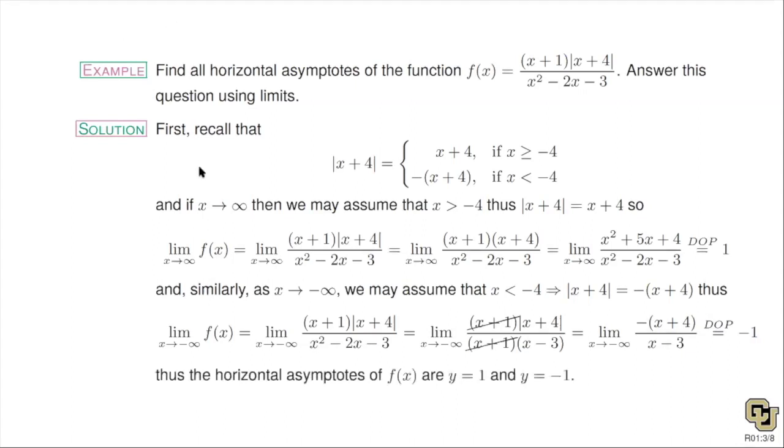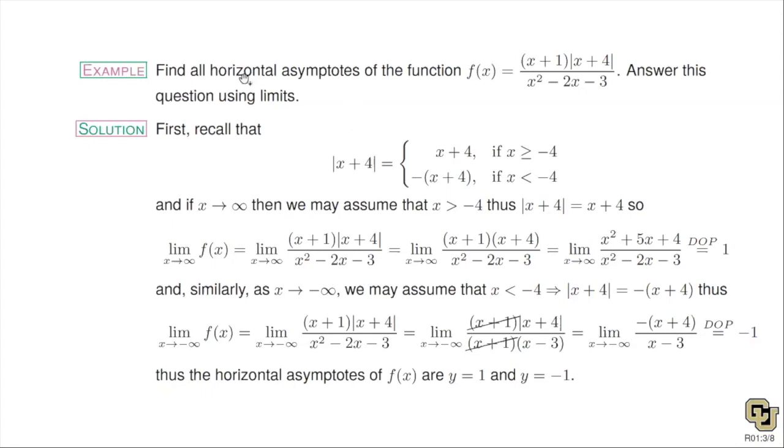The conclusion about the horizontal asymptotes is that the horizontal line y equal to 1 is a horizontal asymptote, and the horizontal line y equal to -1 is a horizontal asymptote of the function. So certainly, finding vertical asymptotes and horizontal asymptotes are fundamental skills that you should have. For vertical asymptotes, we're looking for where the denominator is 0 and then checking the limit to see if the limit blows up to plus or minus infinity from either direction.